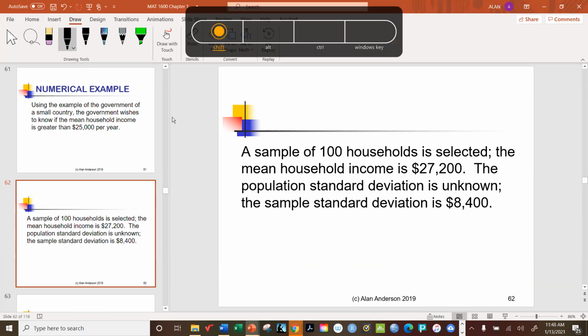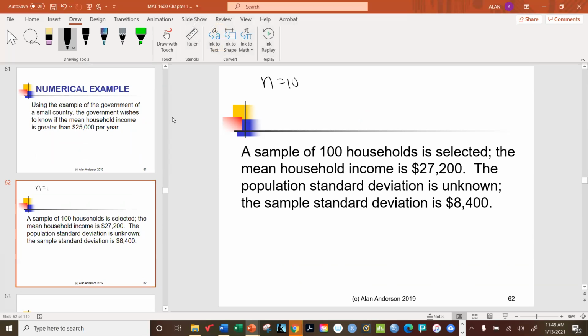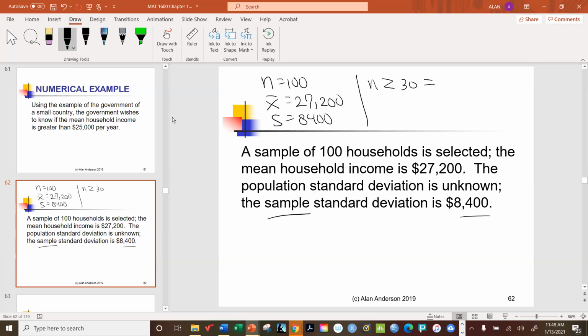So in other words, n is 100 and x bar is 27,200. And the sample standard deviation is 8,400. But since the sample size is greater than or equal to 30, we use the standard normal distribution for our test statistic and our critical values.